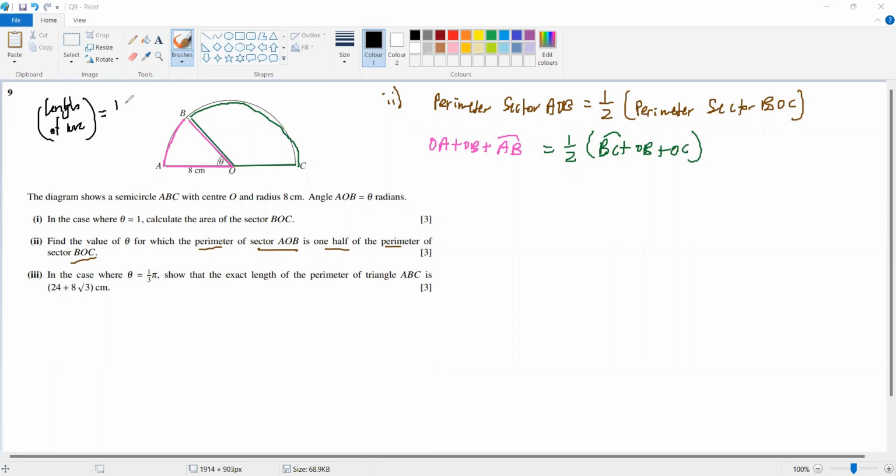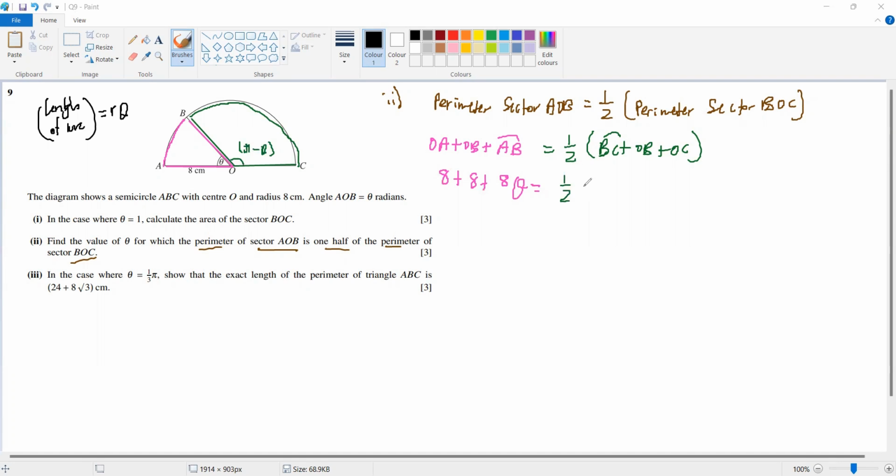Half r squared theta is the area. I'm thinking in Malay, because you are still learning it in that form. So length of arc is r theta. Okay, now let's just substitute, please. OA, OB, and OC are what? Radius. So 8 plus 8 plus r theta, so 8 times theta. And then on this side, because the angle on this side is theta, this will be, please take note, pi minus theta.